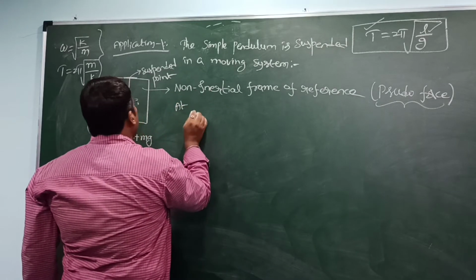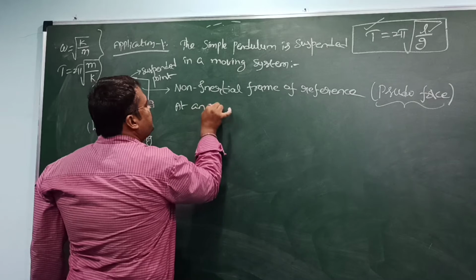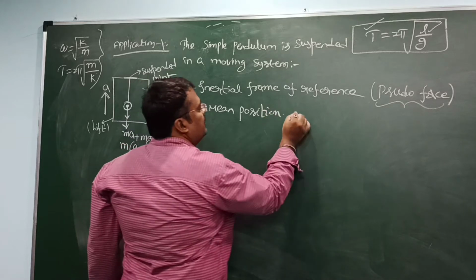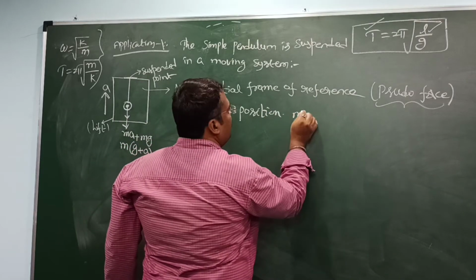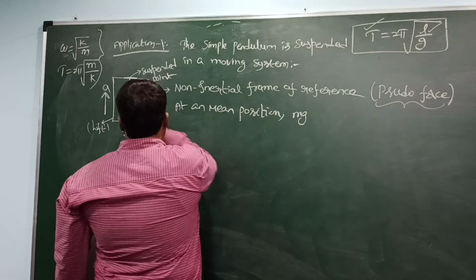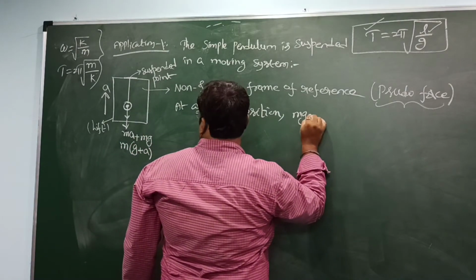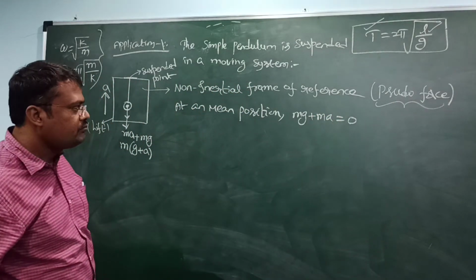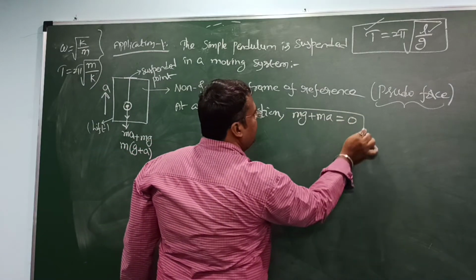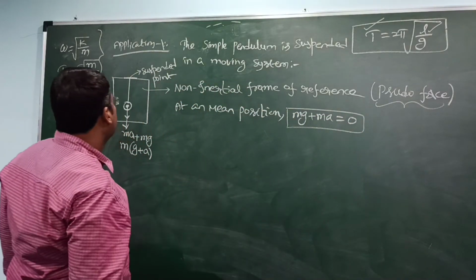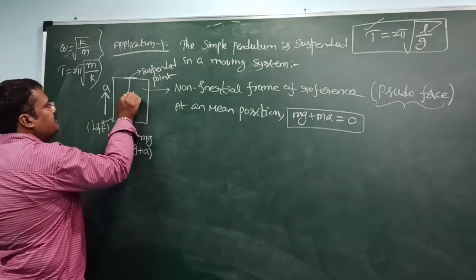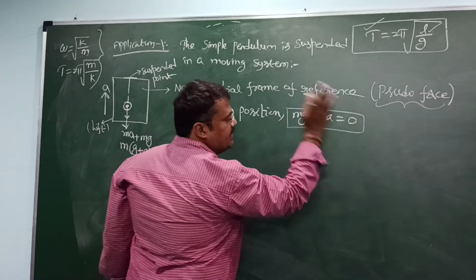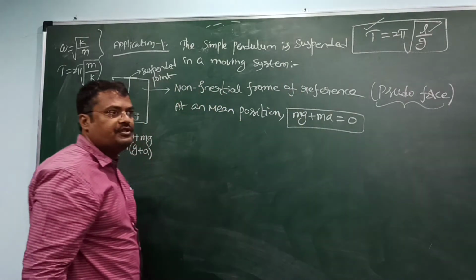So at the mean position, the force experienced on the bob, mg plus ma, is balanced, meaning the net force acting on the bob here is equal to 0. Taking the tension in this case, tension is equal to mg plus ma, but the net force is always 0 at the mean position.